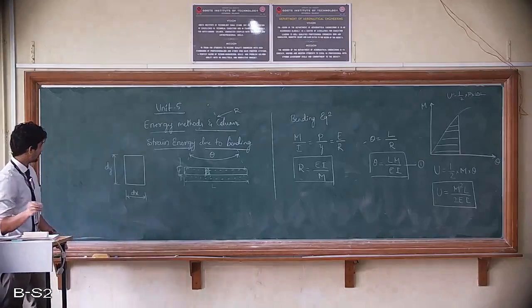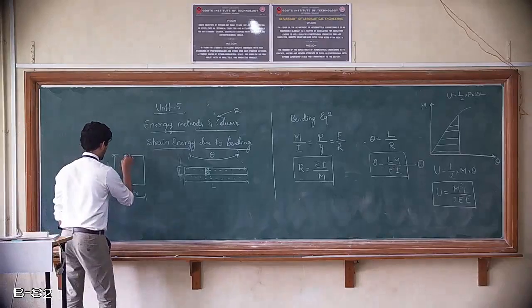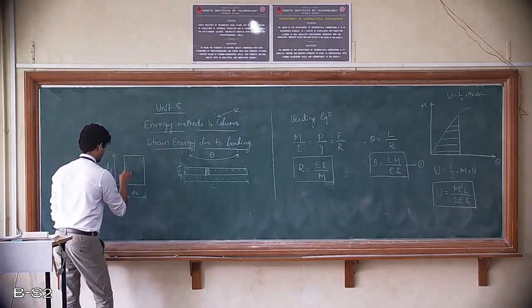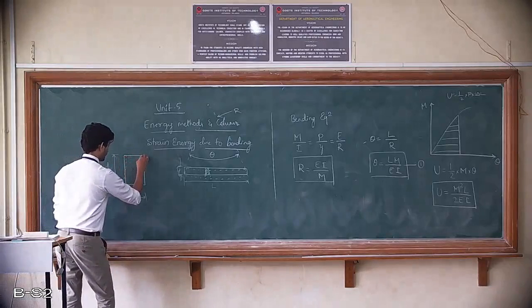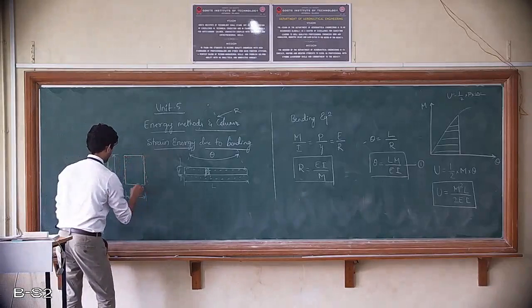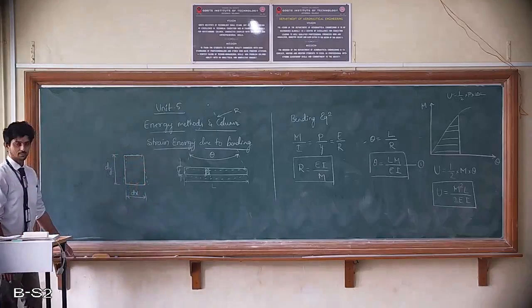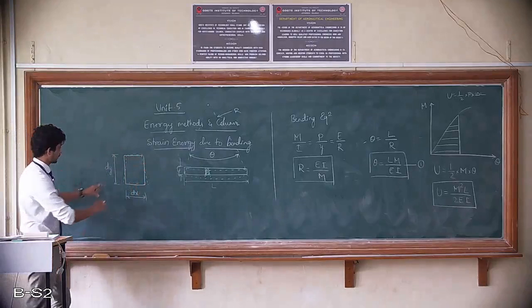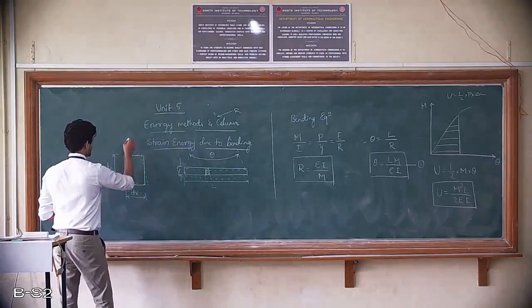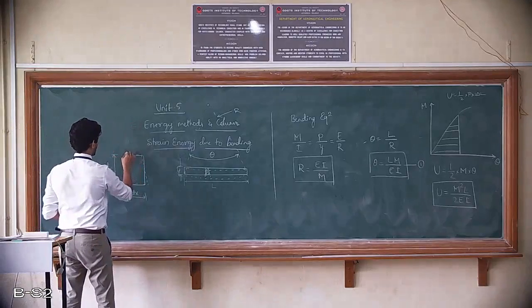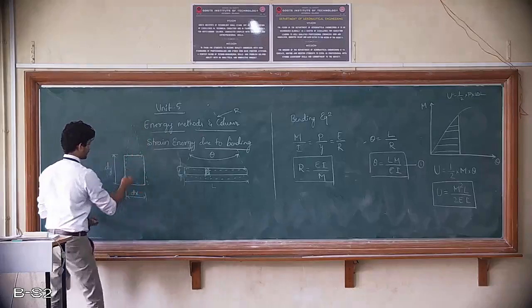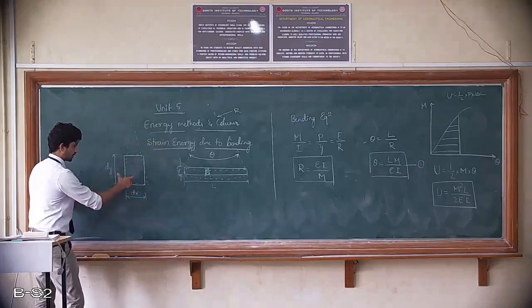This is the normal situation, but when the load is applied, it is going to bend, like this. Just to distinguish, I am showing a large curvature for this small section.